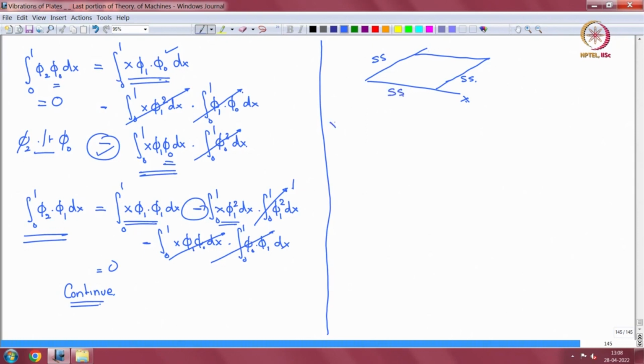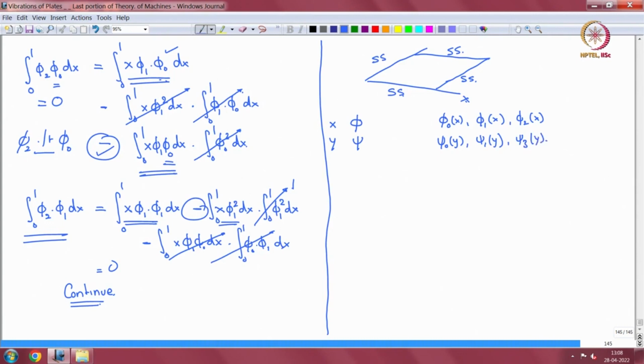Let us say the x direction functions are called phi's, and the y direction functions are called psi's. So in y also I found functions that are simply supported: psi 1, psi 2, psi 3, etc. Suppose I have found phi 0 of x, phi 1 of x and phi 2 of x, and in y I found psi 0 of y, psi 1 of y and psi 2 of y.